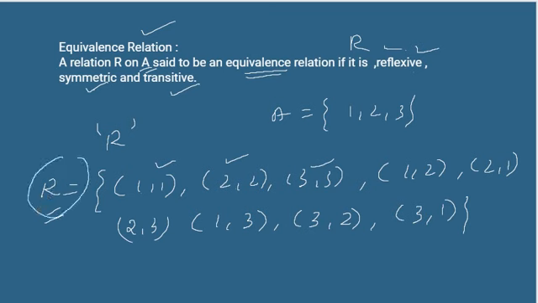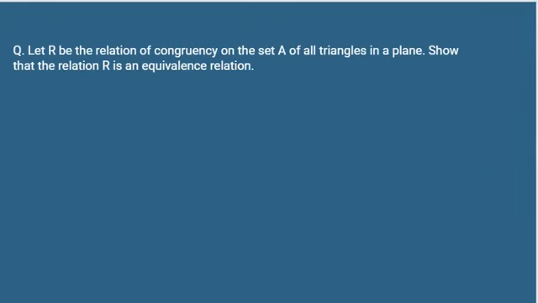Let us take another example. You know the congruency of triangles. We have already learned congruency of triangles. So, how will you say whether a triangle is congruent or not? And we have studied so many concepts about that. You know that every triangle is congruent to itself.